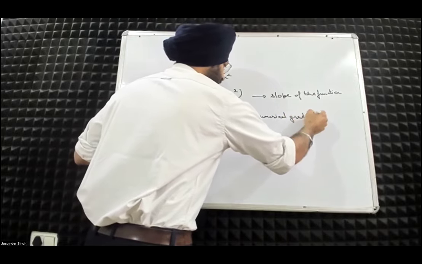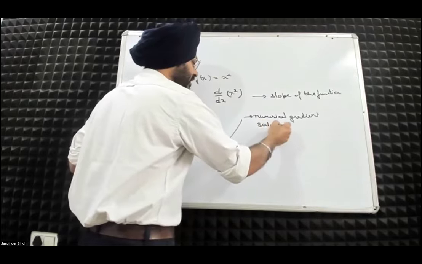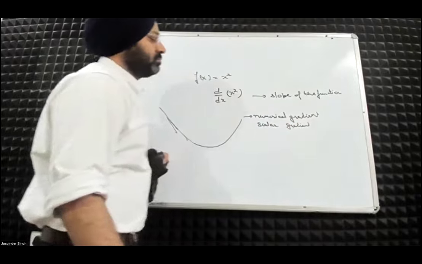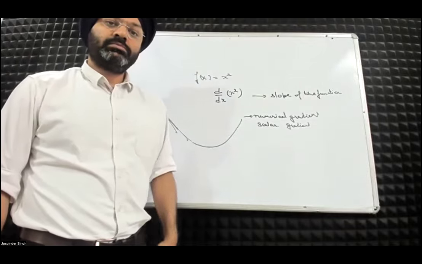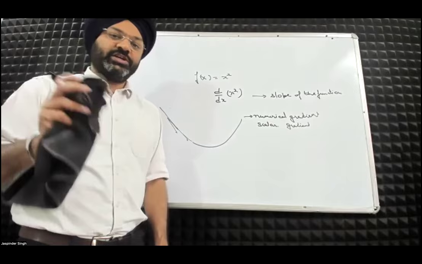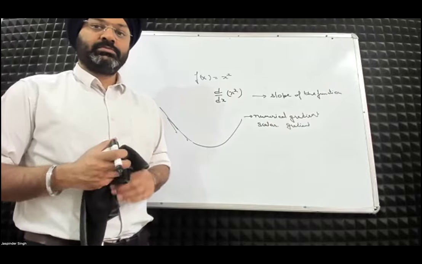It's called numerical gradient, or we can call it a scalar gradient also. Gradient is nothing but the first order differential of our function.